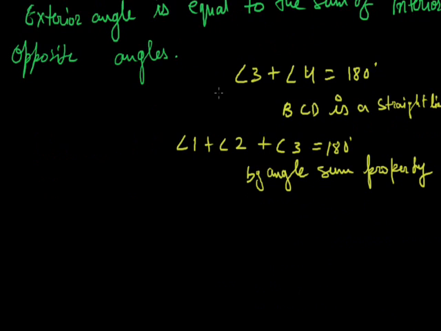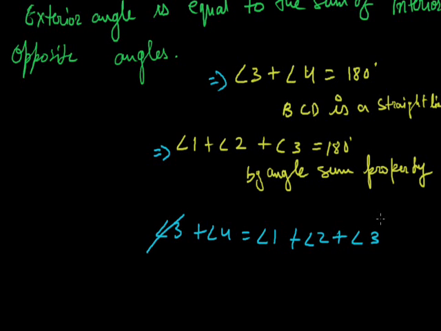Now from both these equations, we have both sums equal to 180 degrees. So both of these can be equal. Therefore angle 3 plus angle 4 is equal to angle 1 plus angle 2 plus angle 3. Now angle 3 will get cancelled from both sides and we get angle 4 is equal to angle 1 plus angle 2, which we had to prove.